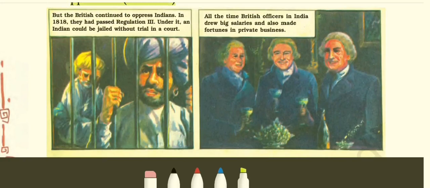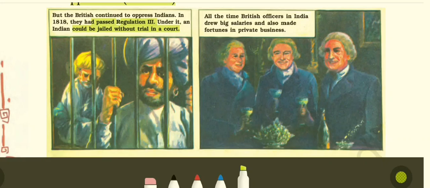In 1818, they had passed Regulation 3. Now this Regulation 3 is the most controversial thing you can call it. Under it, an Indian could be jailed without trial in a court. So without having any fair trial, any Indian could be jailed. So this was very, very dangerous, you can say. Any Indian would be put behind the bars without being given any particular reason, isn't it?